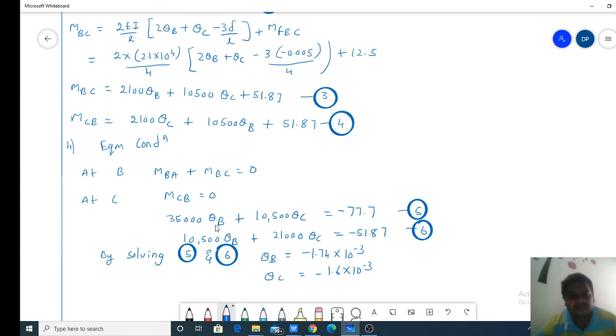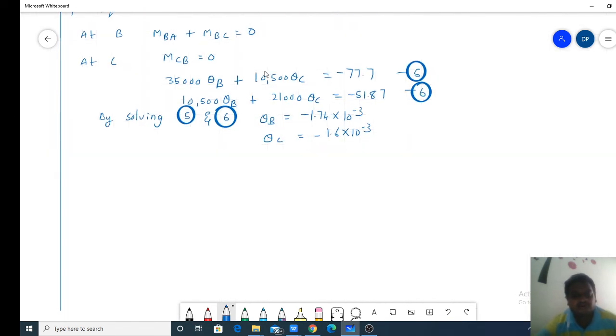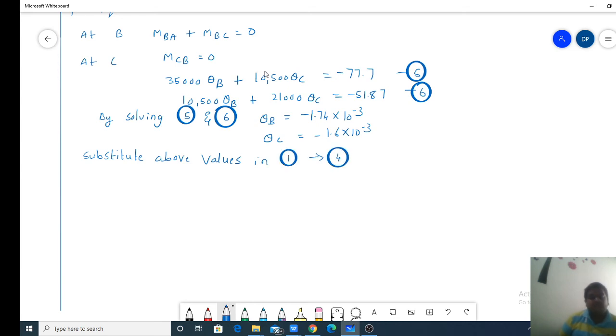Now these are nothing but the values I have got. Once you substitute the above values in equations 1 to 4, you will be getting the final moments. For MAB, if you solve that, you will be getting minus 86.35 kilonewton meter.